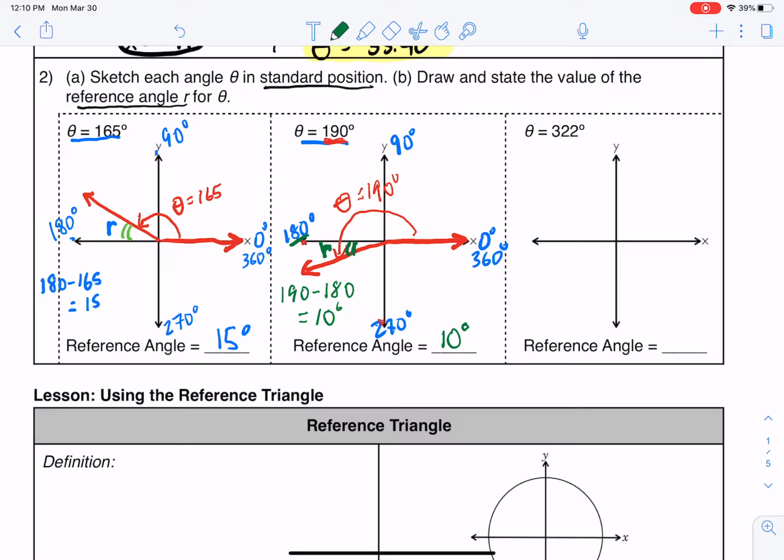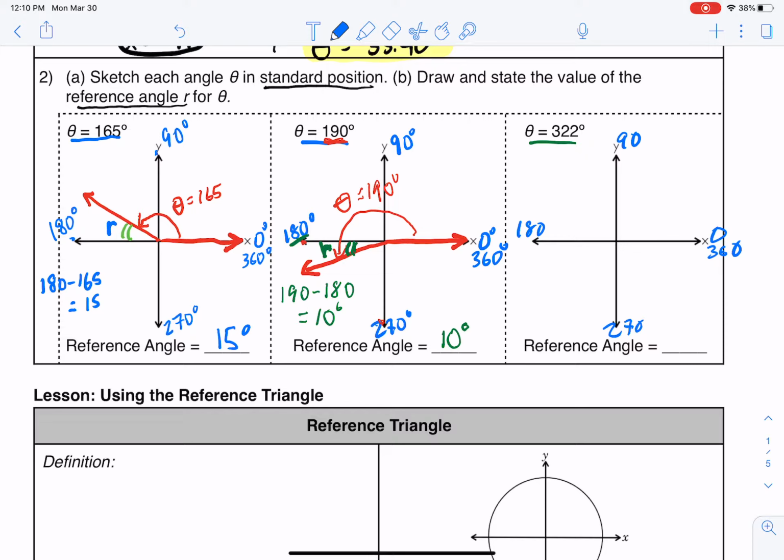All right, so for the last problem in question 2 of the Do Now, theta, our angle is 322 degrees. I'll draw in my quadrantal angles. Okay, so 322 is somewhere between 270 and 360.